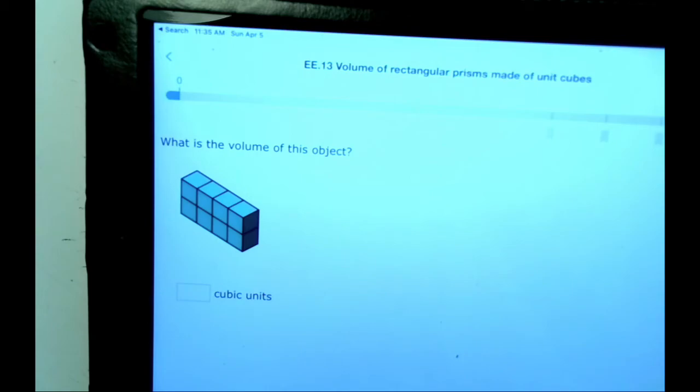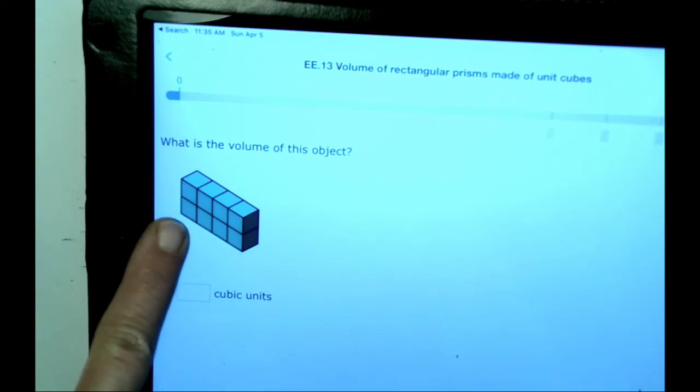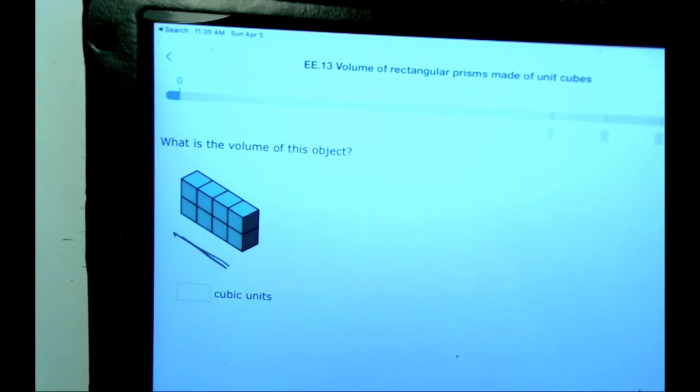So let's look at some problems that are on the IXL you're going to work on. Here's an example of a rectangular prism made up of cubic units. So you might notice that this length right here is 4 units. This width is just 1 unit wide.